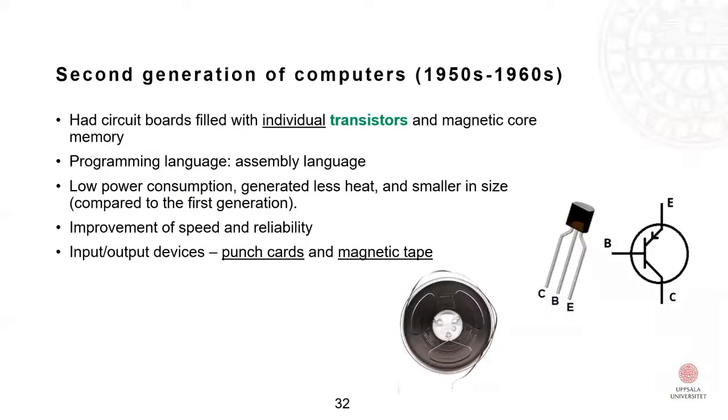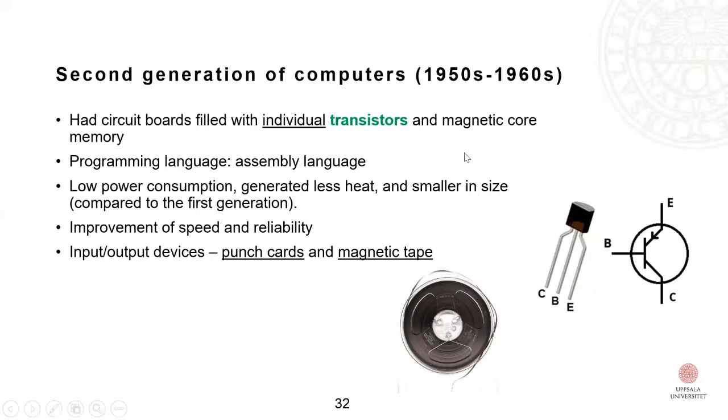So transistors led to the invention of the 2nd generation of computers, which lasted about a decade from the 1950s to the 60s. At that time, computers had circuit boards inside them that were filled with individual transistors. This is important to emphasize. So the transistors at that time were individuals.